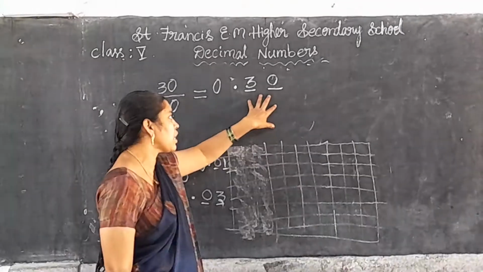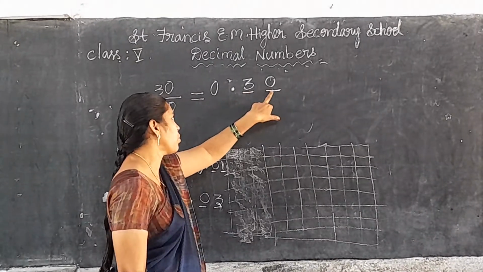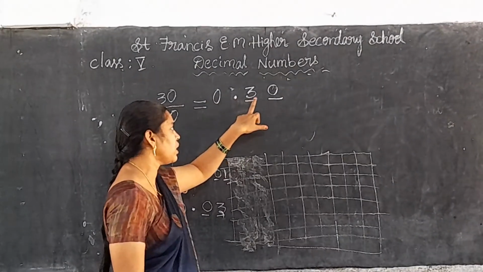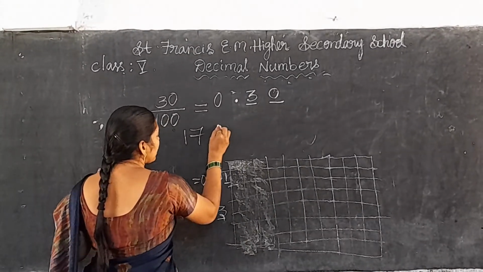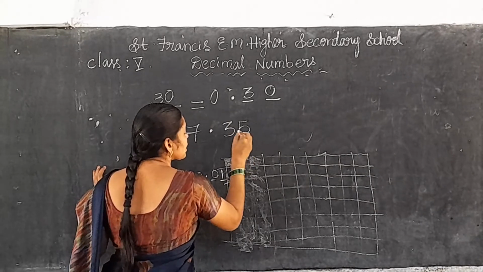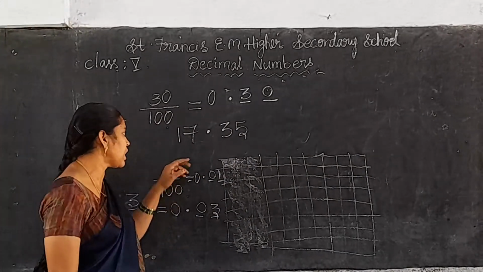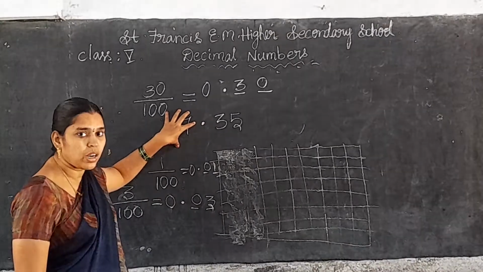Always you should read the numbers after the point individually. Don't read it as thirty. You should read 0.30 as three zero. And one more example I will tell you. 17.35. See how I read it. Did you listen? The number before the point is a whole number.